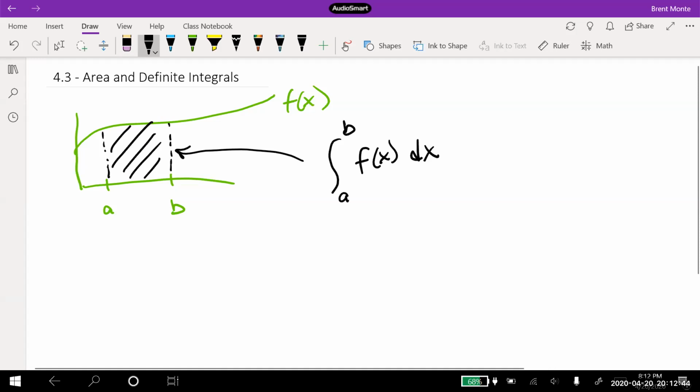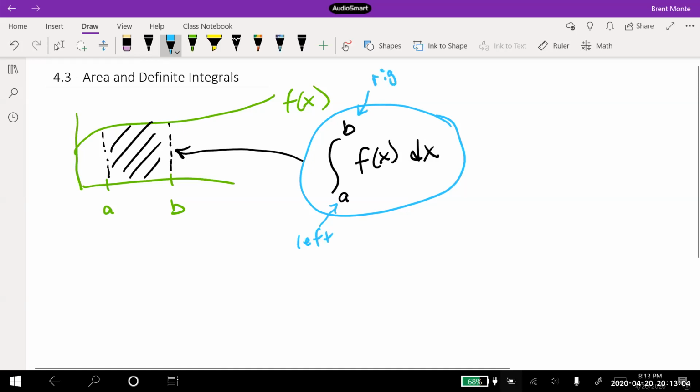So when we write this, we're saying I've got some function f of x, and the area under that curve evaluated from a to b, where the a on the bottom is always on the left, and the b is always on the right. That's going to give us the total area under the curve, which is the total change in the curve between those two places.